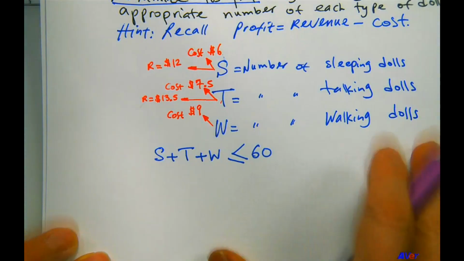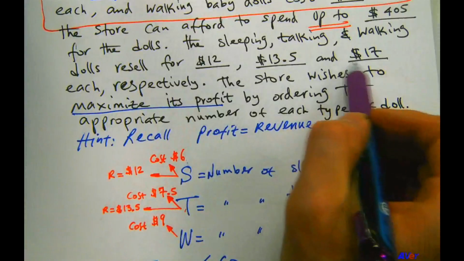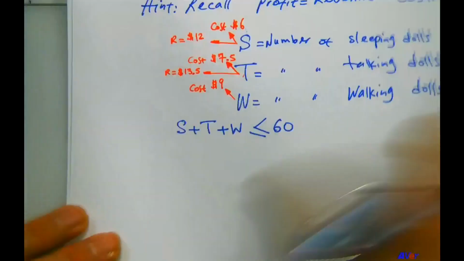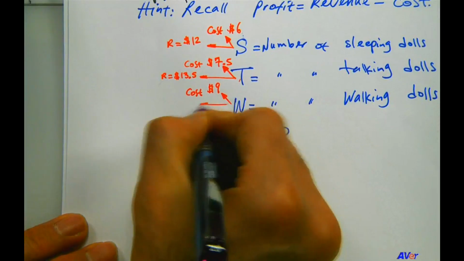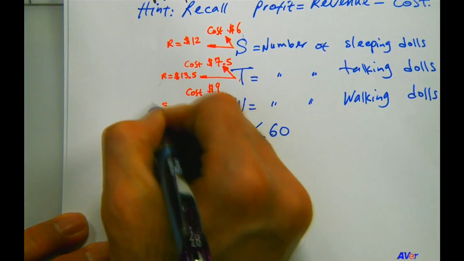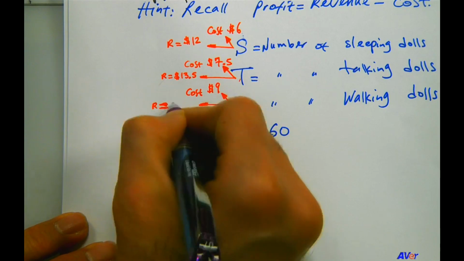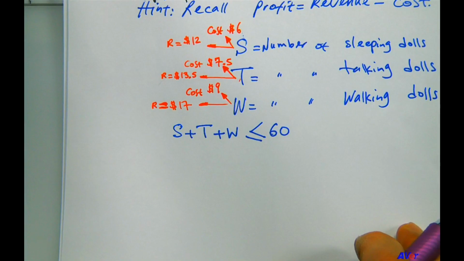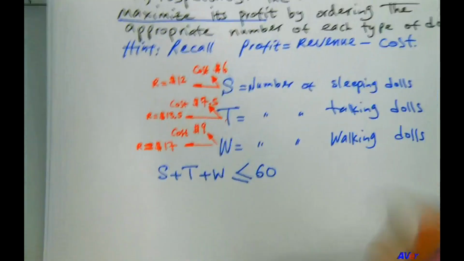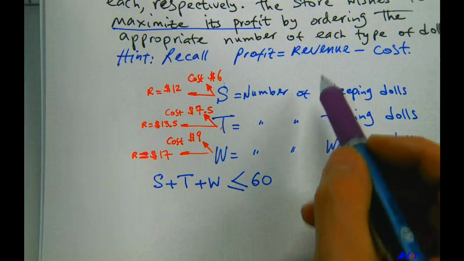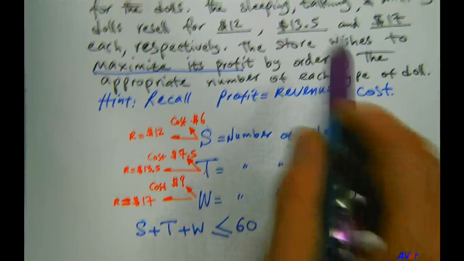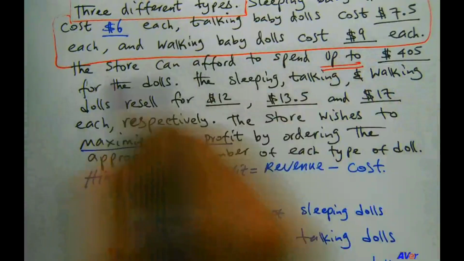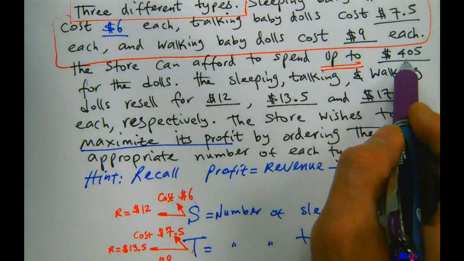And revenue for selling walking dolls, it's $17, right? Okay, so we have, and then also this one, the store can afford to spend up to $405.